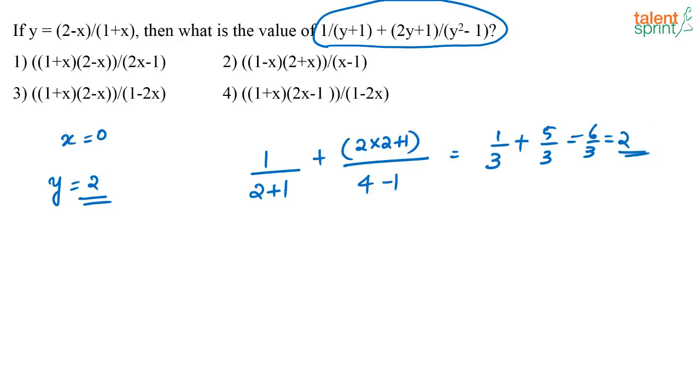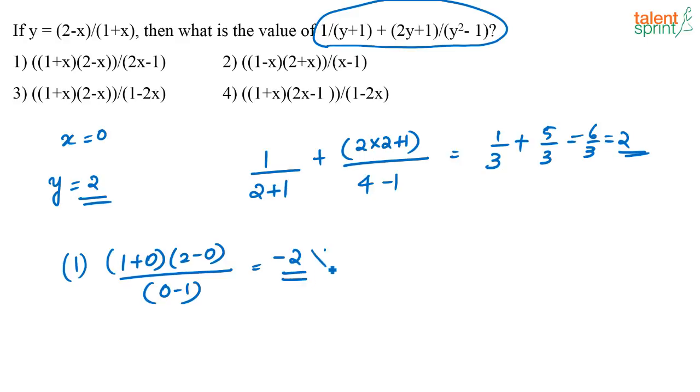Now put the value of x in the given options and check. If I look at the first option, what will I get? 1 plus 0 into 2 minus 0 divided by 0 minus 1, sorry, into 2 minus x. So that is equal to minus 2. Here I need plus 2, so this is not the correct answer. Now check option 2.